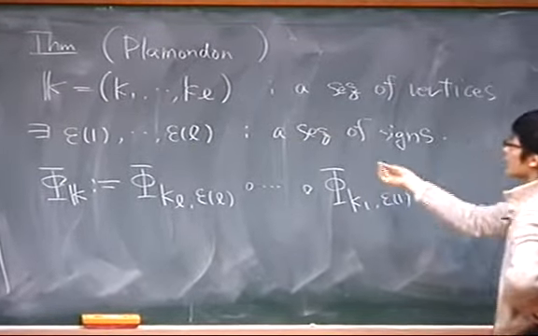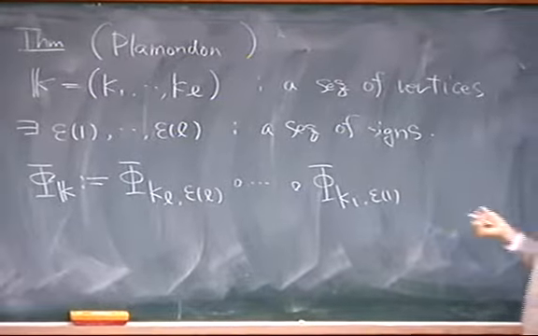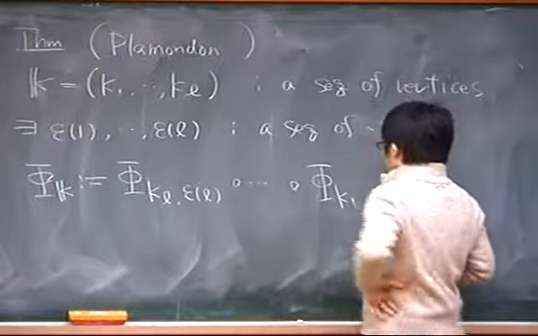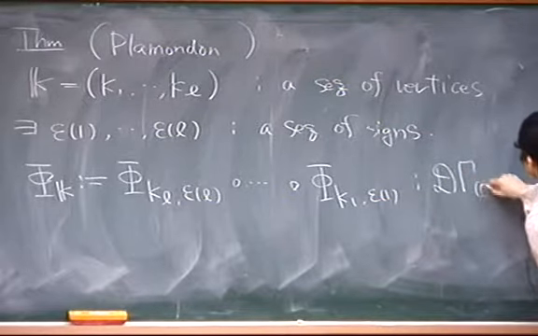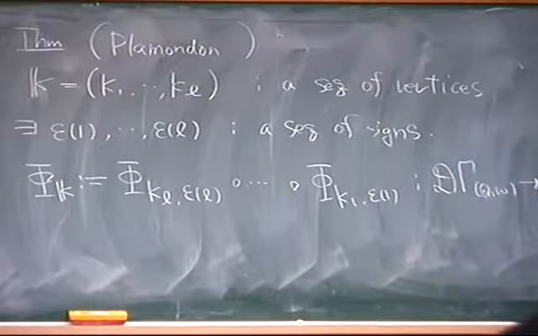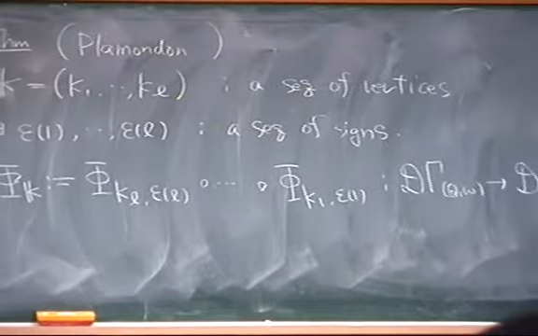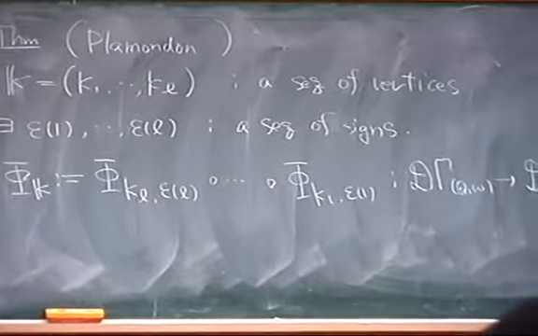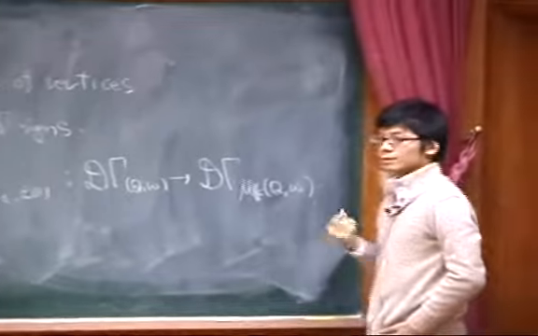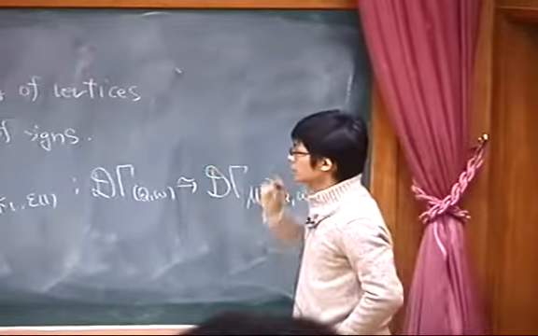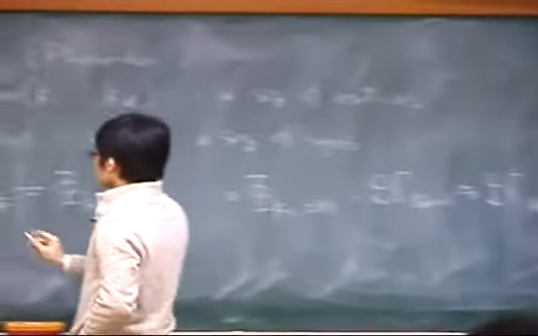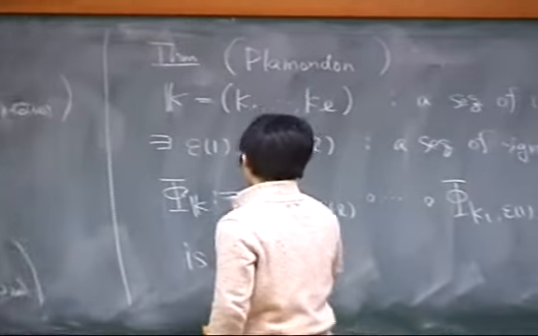I mean, each time we have two choices of derived equivalences. So this is the derived equivalence from the original quiver with potential to the quiver with potential given by successive mutations. And the claim is this is given by tilting.